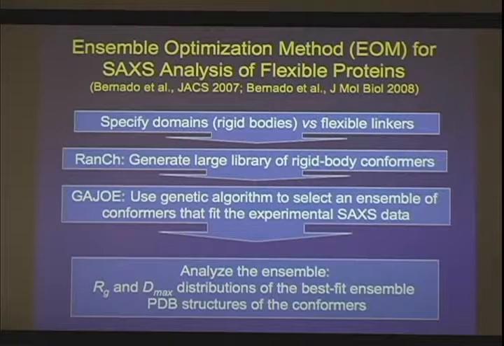The idea here is that in solution, a flexible molecule will assume an ensemble of different structures. In this part of the calculation, the scattering curve for each of those conformers is calculated, and then in the second part, those are combined to create a composite scattering function, which you compare to your experimental data.